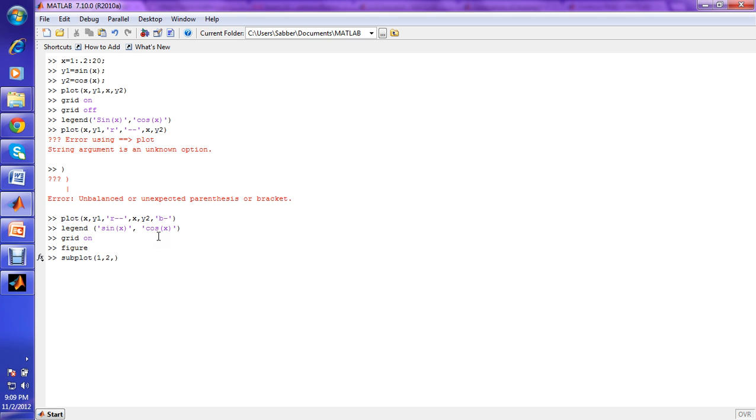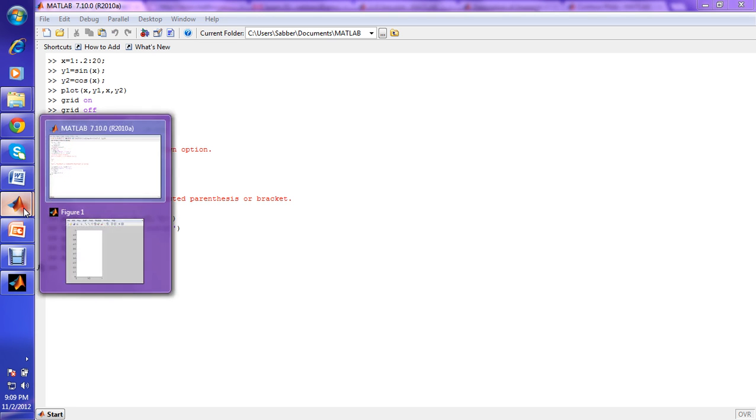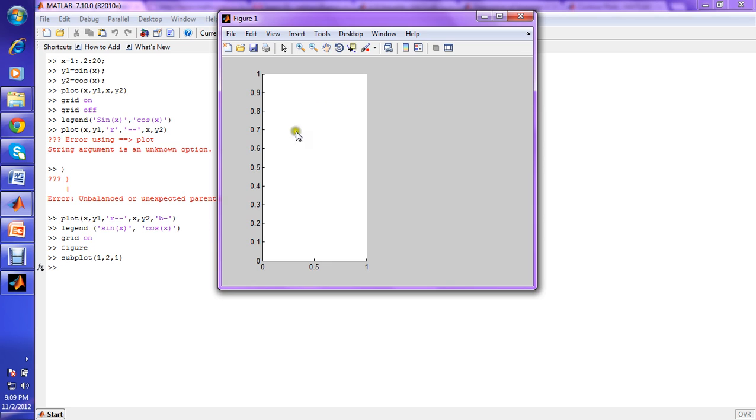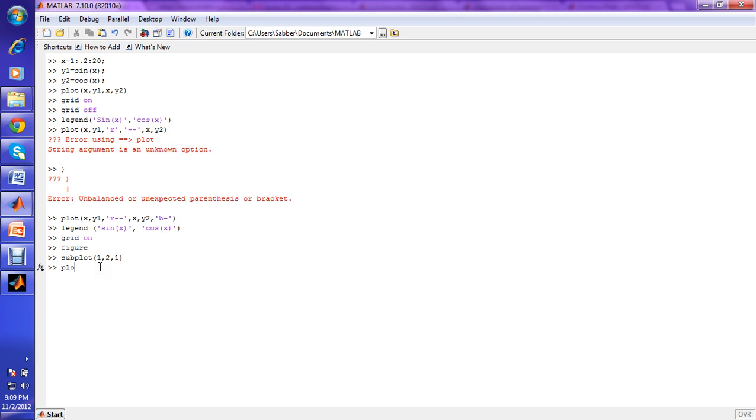So we are now working on row 1 column 1, that means the first figure. This is row 1 column 1, and this is row 1 column 2. The first function will be represented here, so we are working on this. So plot, for example, x comma y1.